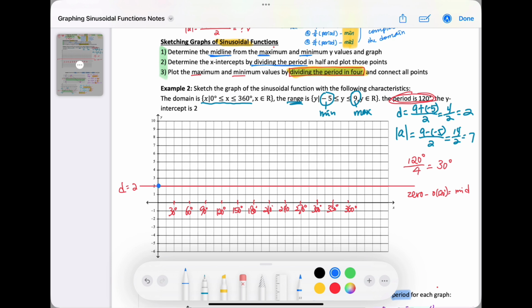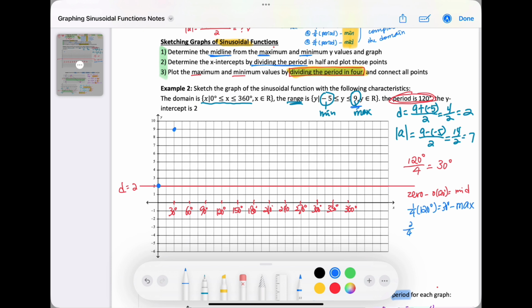And when the location is 1/4 of the 120, that is equal to 30 degrees. From the picture, you know that I'm going up to my maximum. So when it's 30, that will be my maximum, and my maximum is 9.